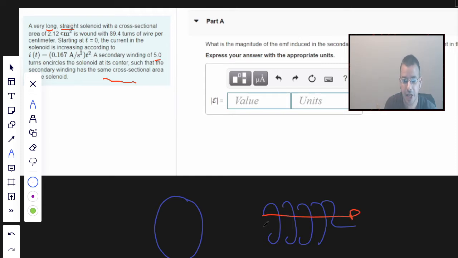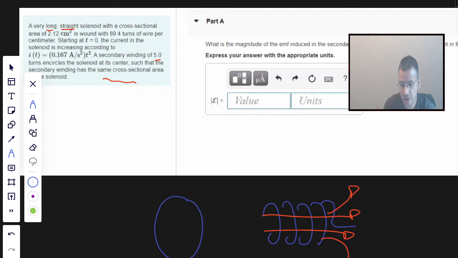The idea of straight is that under ideal circumstances, all the magnetic field lines are straight through it, perfectly horizontal in this drawing. And long means that there are no edge effects.